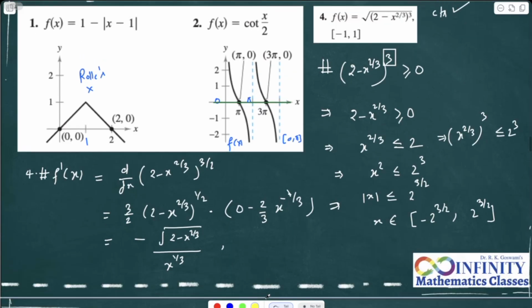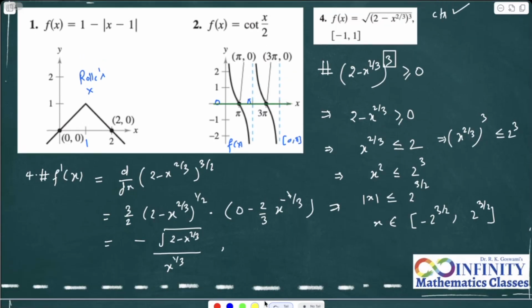Okay, so now please try to help me. What should I say about the existence of the derivative in the open interval minus 1 to 1? We have the derivative, and we find the point where the denominator is 0.